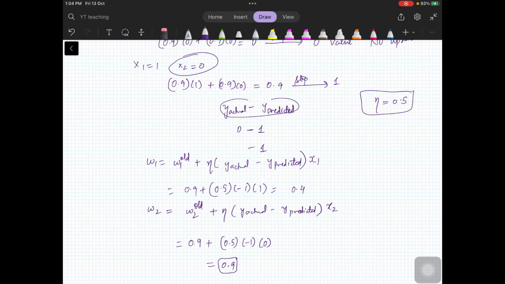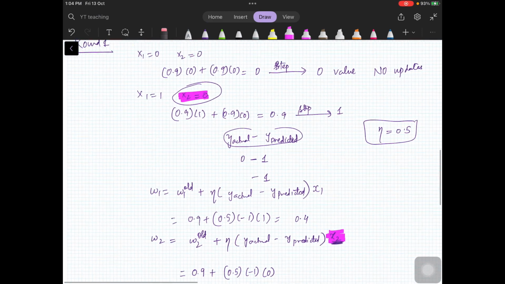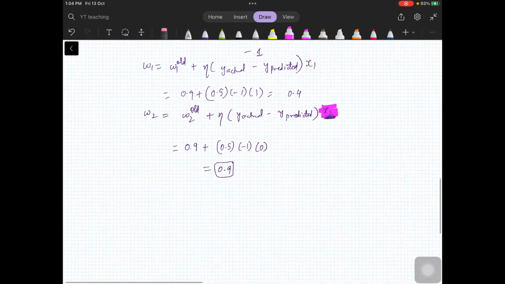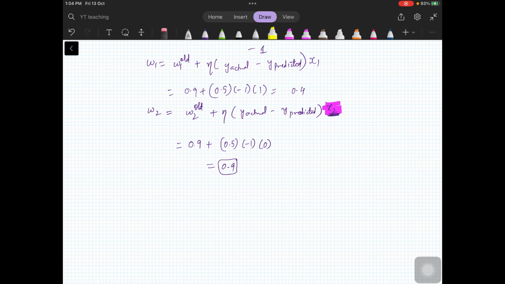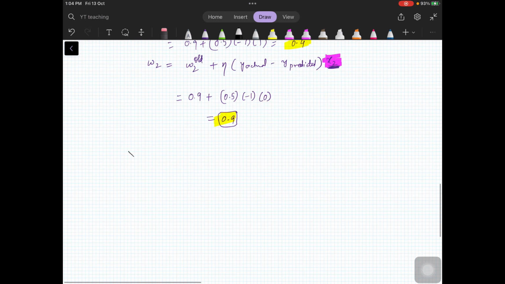Now here you can have an intuition for this particular term, why we are taking it: if x2 is 0, I don't want to update my weight for a 0 input, right? Because that input carries no information. So after this second instance, we have the weights updated to 0.4 and 0.9, right? Now for the next instance, which is x1 is 0 and x2 is 1.